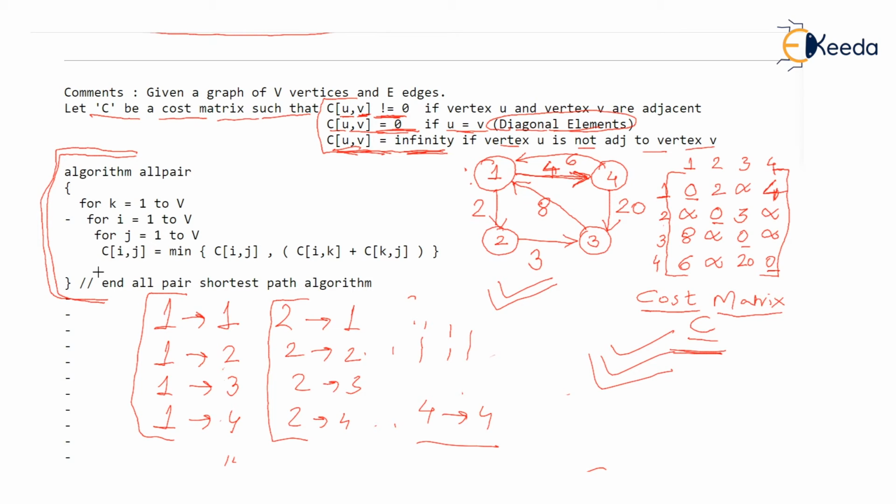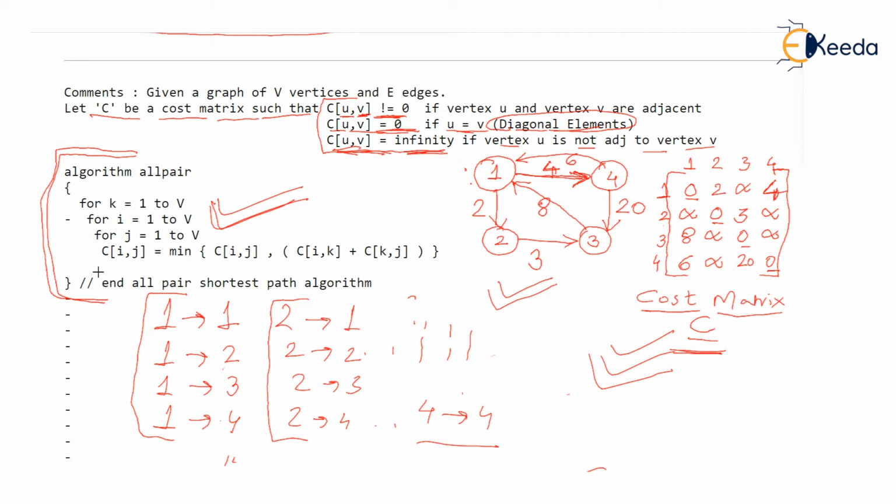Imagine that we have executed it and this algorithm ends. Then all the entries in this cost matrix, the C matrix, will give the shortest distance from vertex U to vertex V.